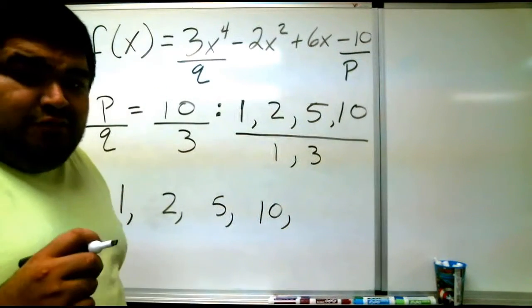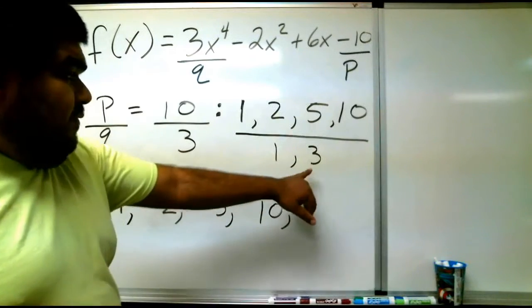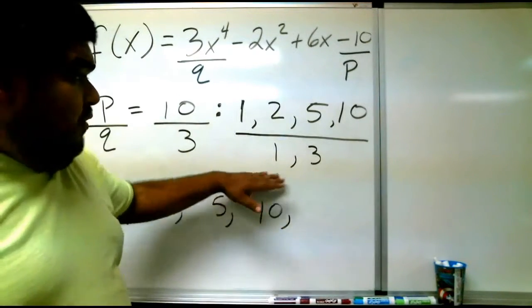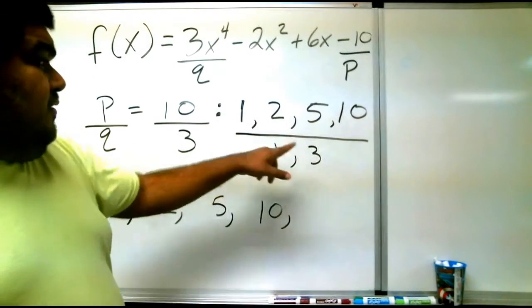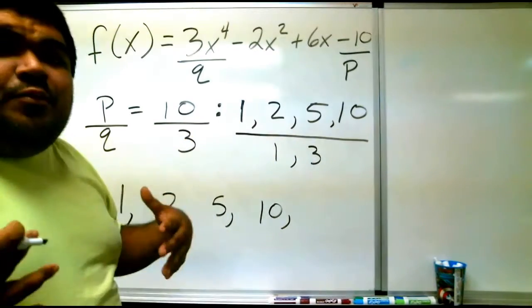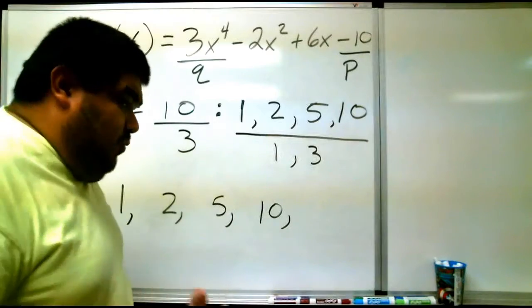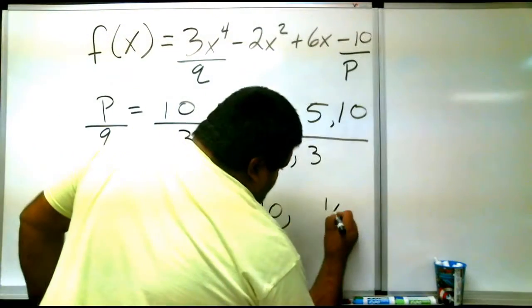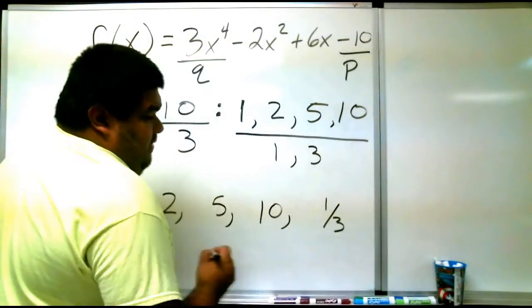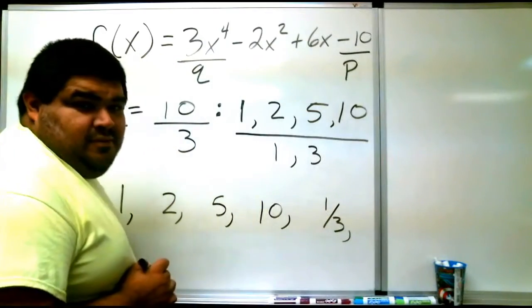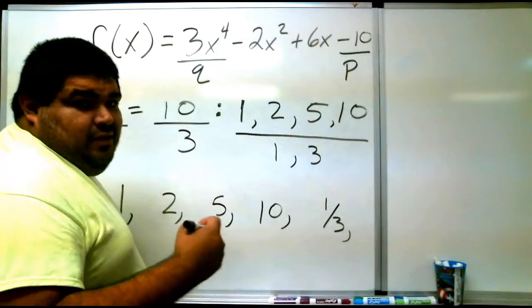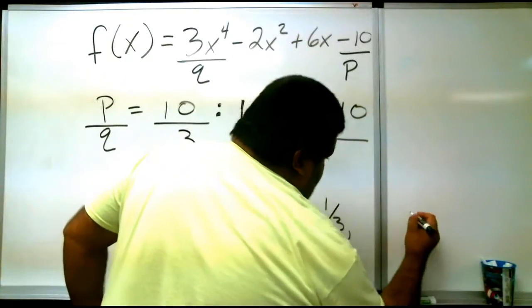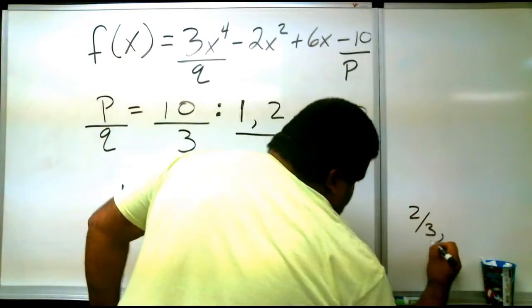Now that we did the first one, we have to do the same thing for the 3. We do it to the bottom ones only. Now 3 into 1 can't go perfectly, so we're going to leave it as 1/3. 3 into 2 can't really go, so we're going to have 2/3.